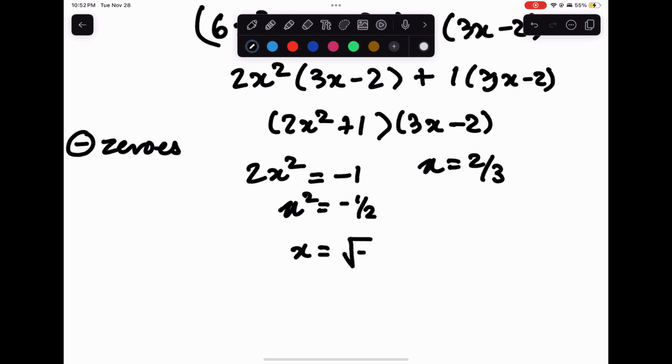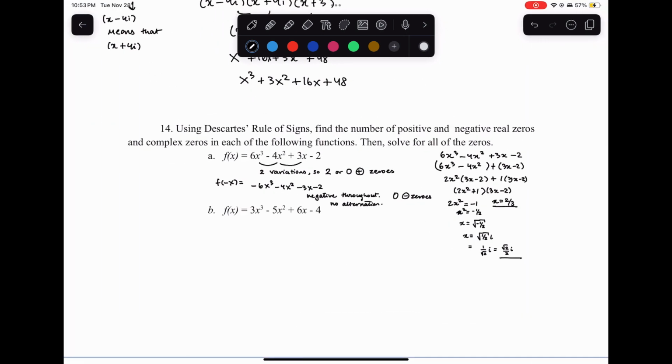And so I think we're going to get i root 2 over 2. Yep, so that's i root 2 over 2.